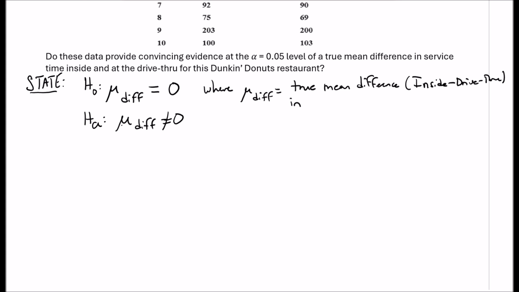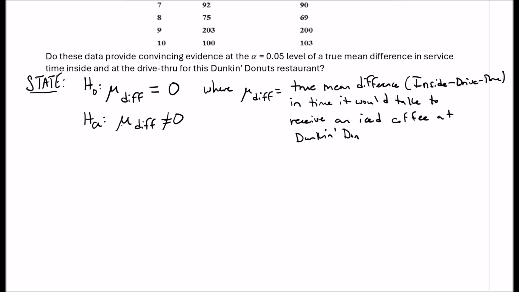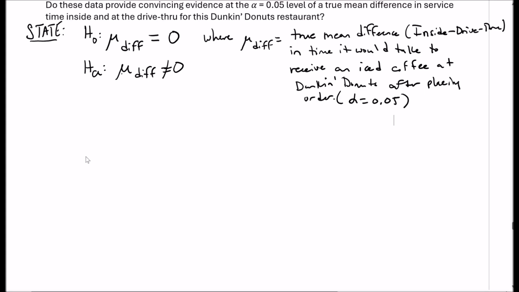And so the true mean difference in time it would take to receive iced coffee at Dunkin' Donuts after placing the order. All right, and then we're going to use alpha as 0.05. Okay. All right, so there's our state.